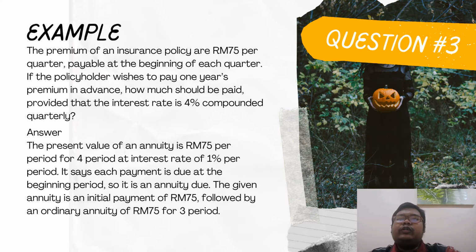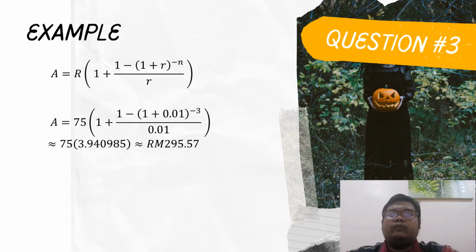The given annuity is an initial payment of 75 ringgit followed by an ordinary annuity of 75 ringgit for 3 periods. So to calculate the annuity due, A equals R open bracket 1 plus 1 minus (1 plus R) to the power of negative n over R close bracket.